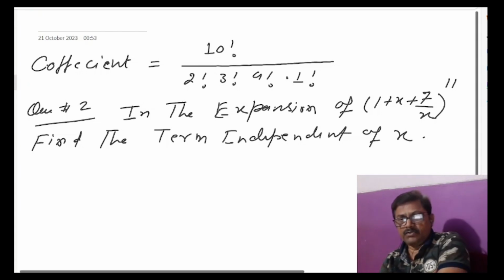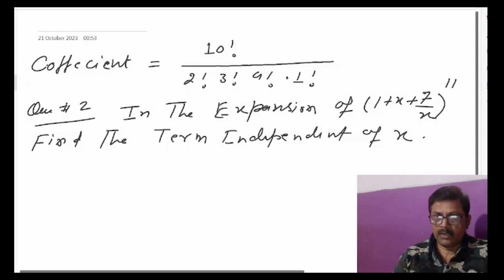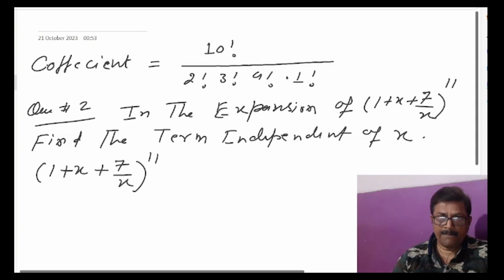Correct? This is our question. In this expansion, find the term independent of x. So, apply the multinomial theorem. So 1 plus x plus 7 upon x whole power 11.